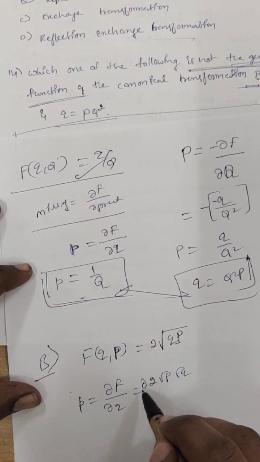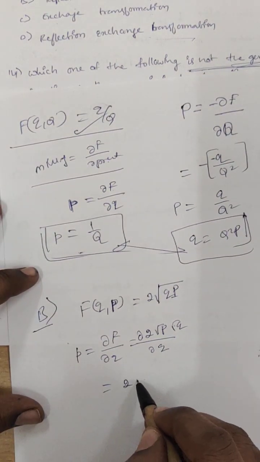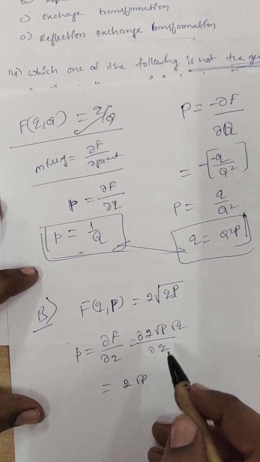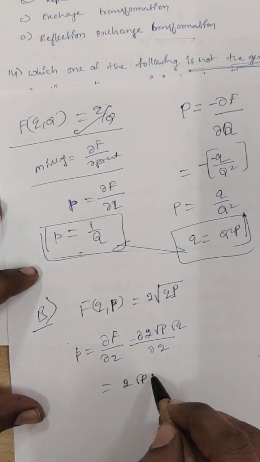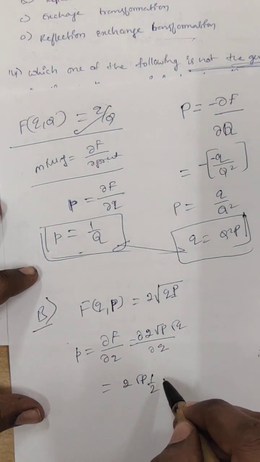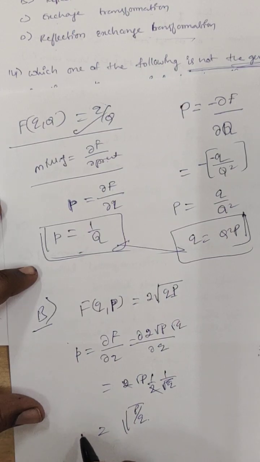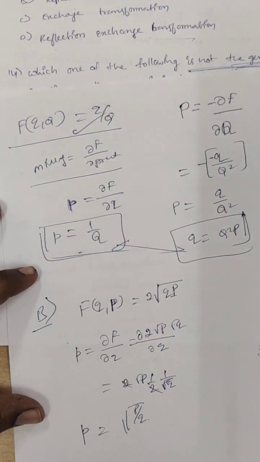Differentiating with respect to q, we get 2 into root P into the differentiation of root q, which is 1 by 2 into 1 by root q, and the 2 cancels. Therefore root of P by q is given, which is p. So p square is P by q, and q is equal to P by p square.